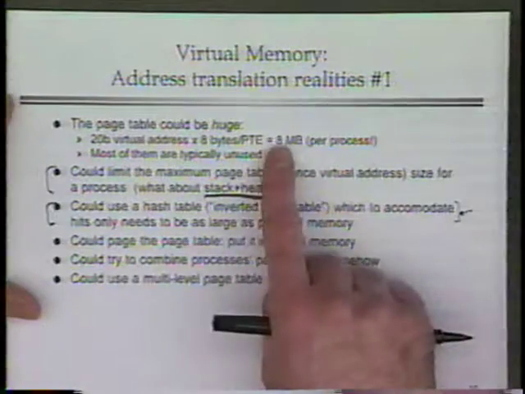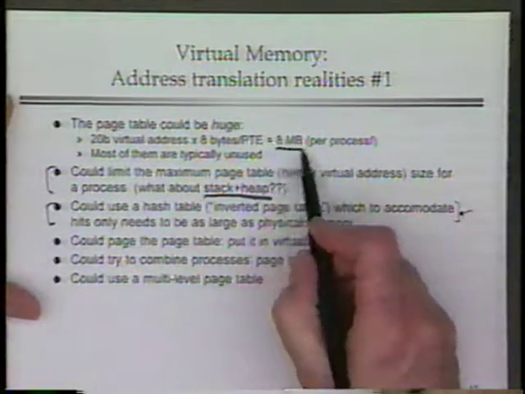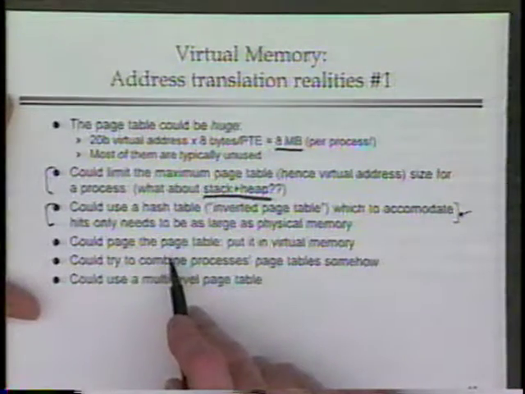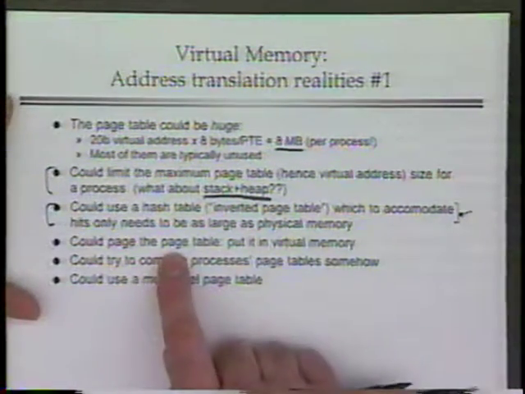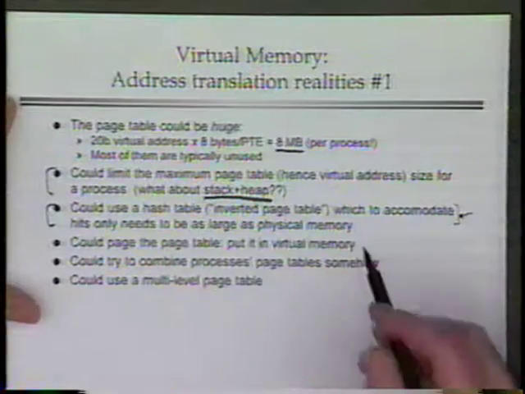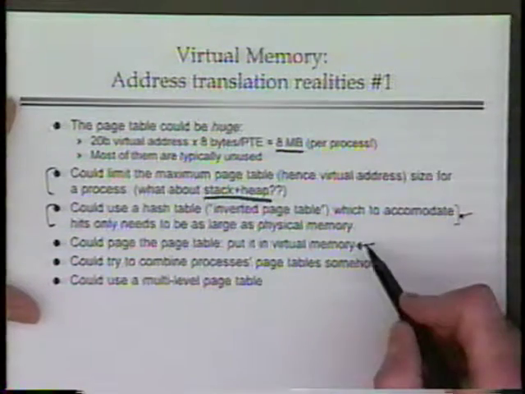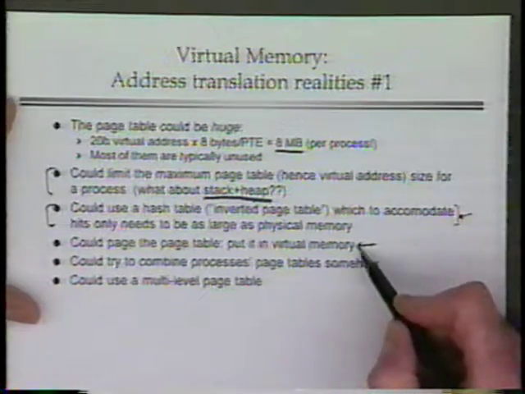Another technique: I mentioned up here that this 8 megabytes is probably in real memory. Well, in fact, it doesn't have to be. You can page the page table. You can put big pieces of the page table in places in virtual memory where in order to reference it, you have to use the page table. And if this sounds like it could be recursive, you're absolutely right.